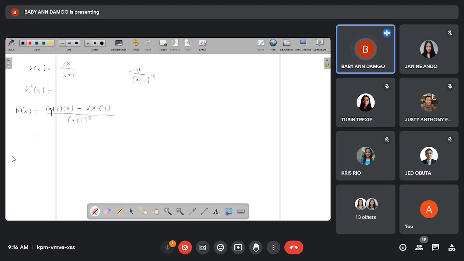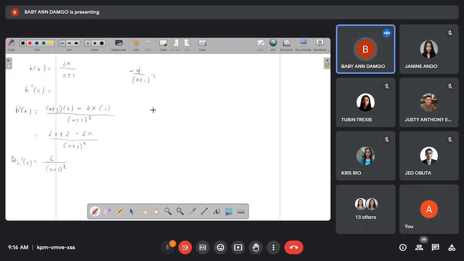So this is equal to 2x plus 2 minus 2x all over x plus 1 squared. So this is 2 over x plus 1 squared. This is your first derivative.